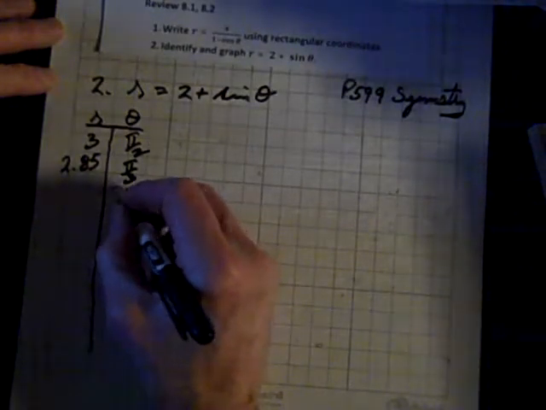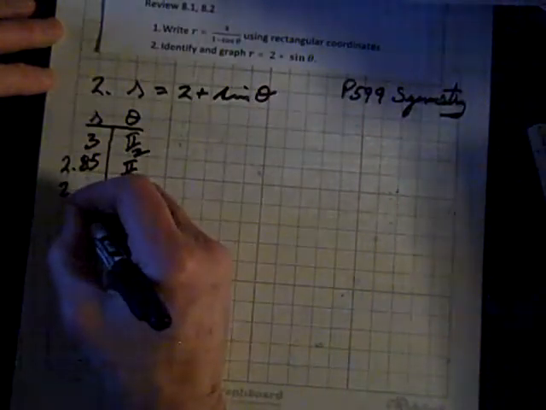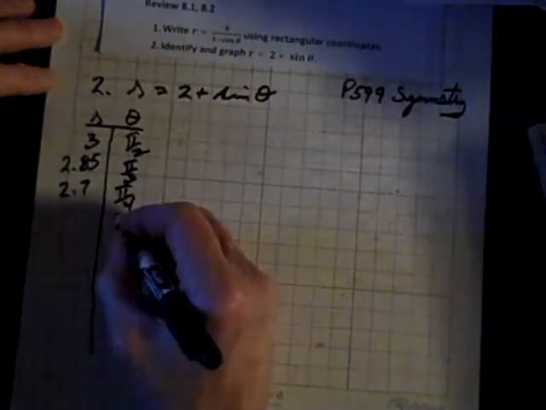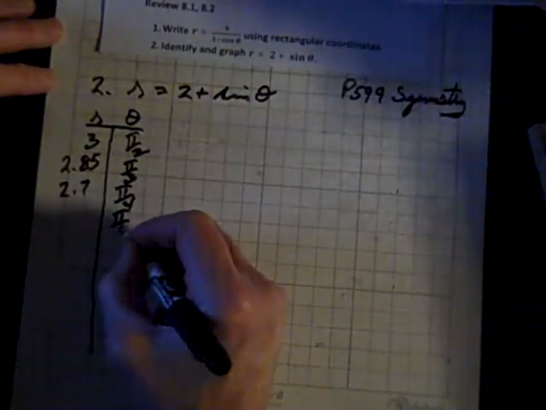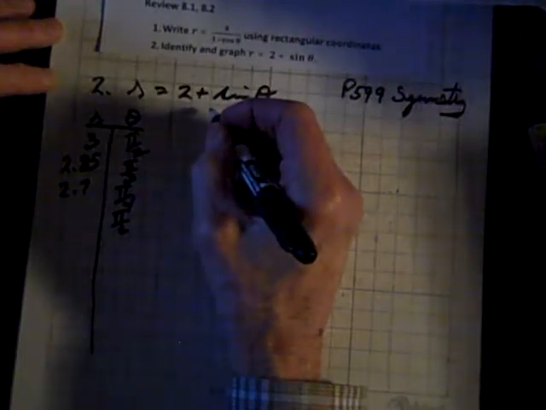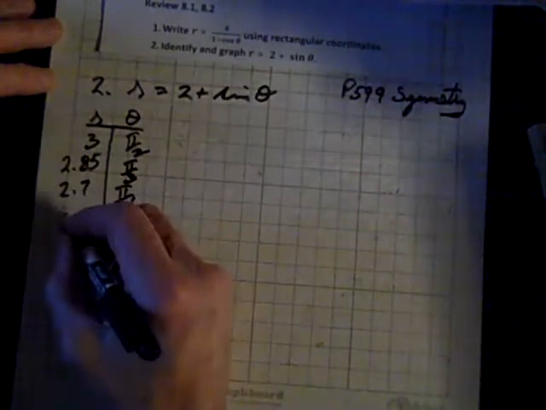And what if theta is pi over 4? We'd have sine of pi over 4 is root 2 over 2, which is about 0.7, so we have 2.7. At pi over 6, sine of pi over 6 is 1/2, so we'll get about 2.5 for the radius.